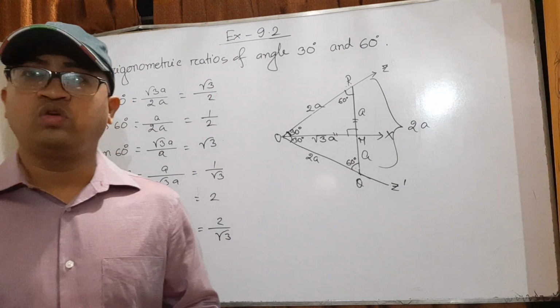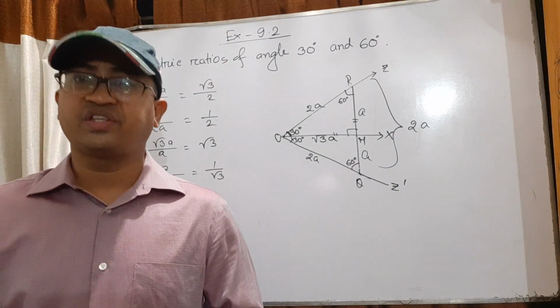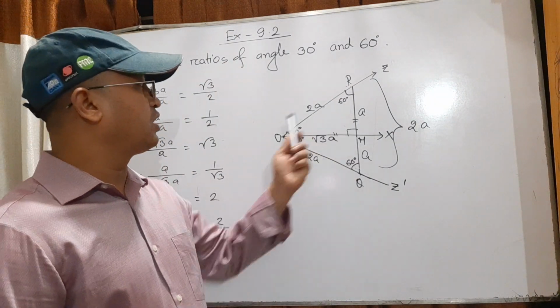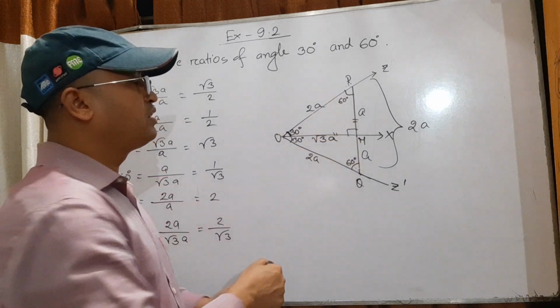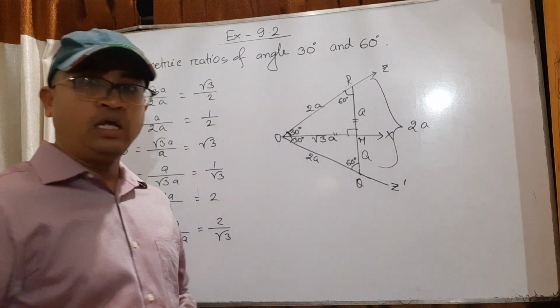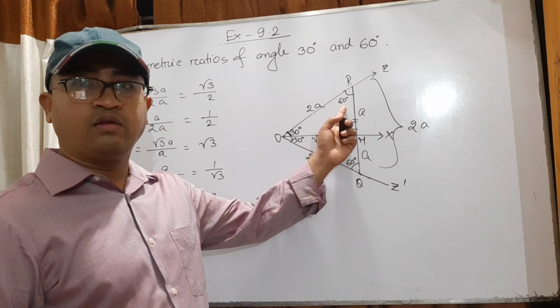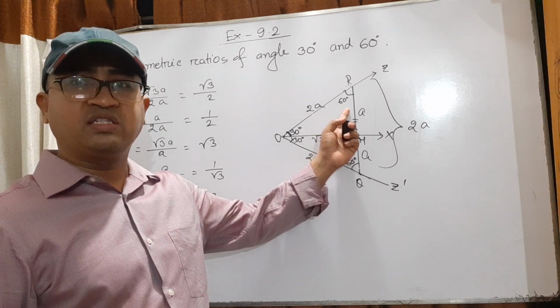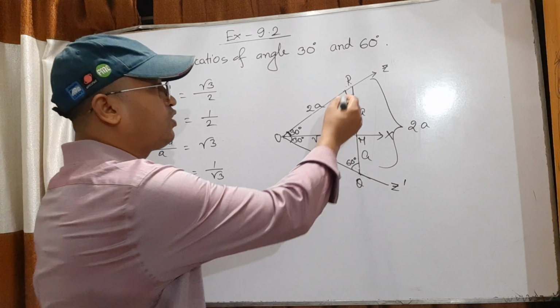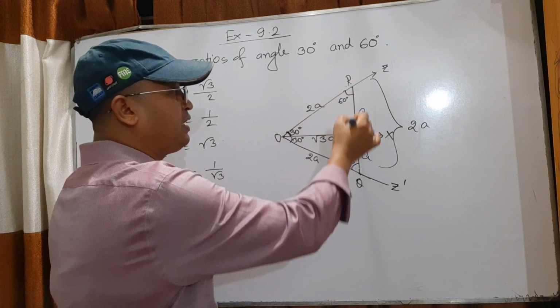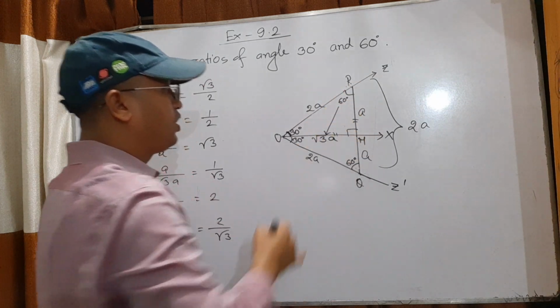Okay, now we will find out the ratio for 60 degree. Look, this is 60 degree. OPM, this angle is 60 degree. If you consider this angle, what will be the opposite side? The opposite side of angle OPM is OM.